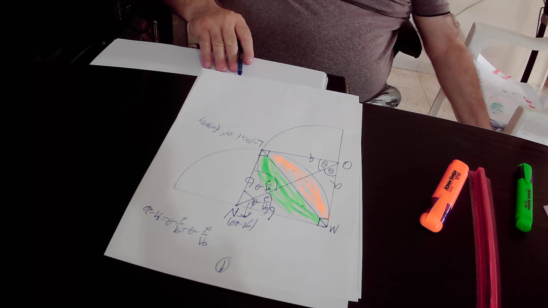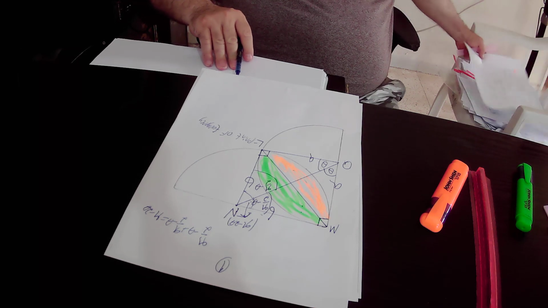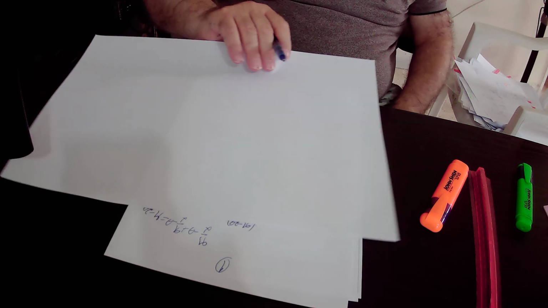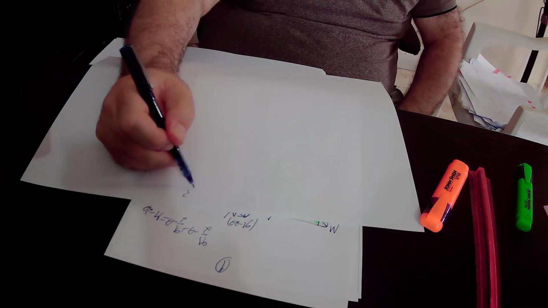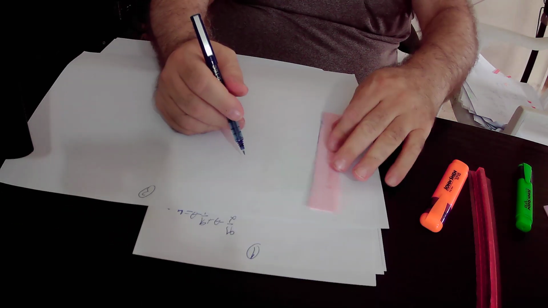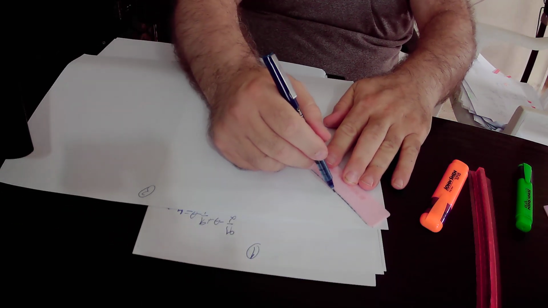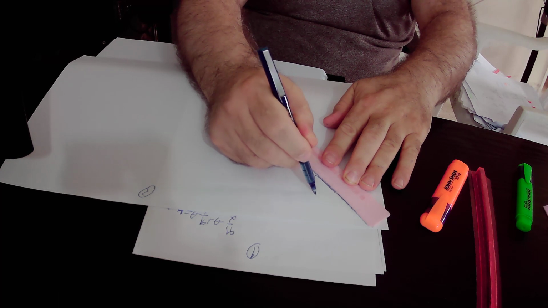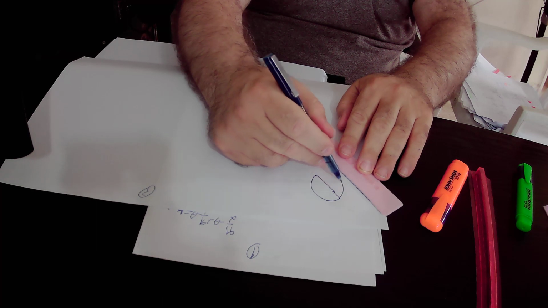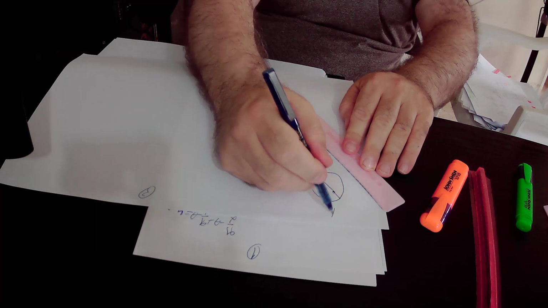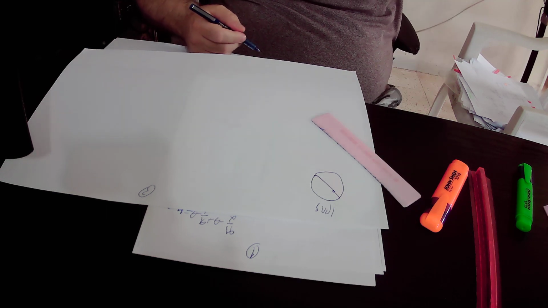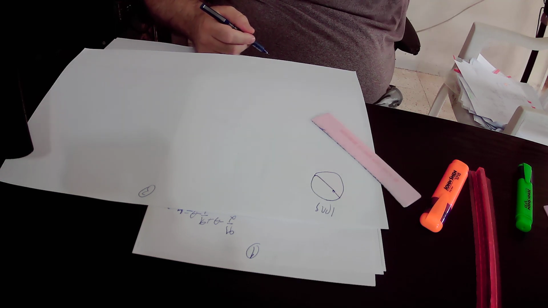Okay? So the area of this lens, that could be the blue lens or the big lens.